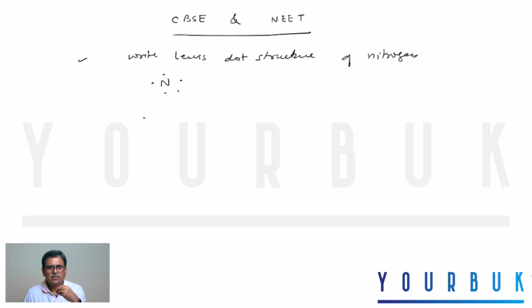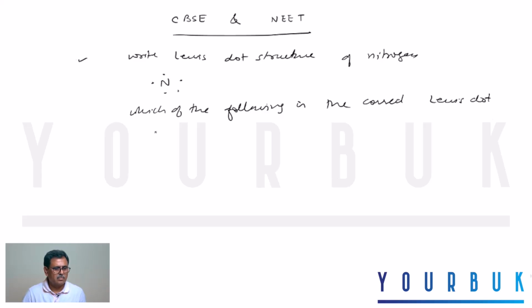Now, if the question is framed in the NEET exam, we frame the question like this: which of the following is the correct Lewis dot structure of nitrogen?